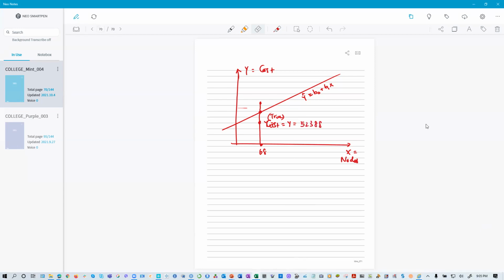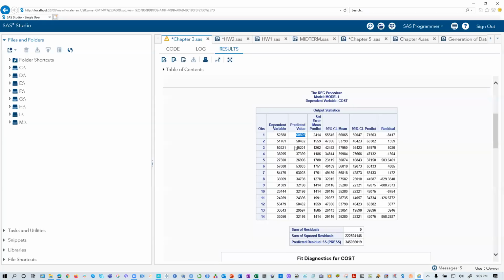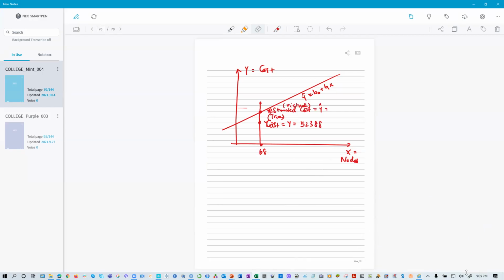I'm going to go to here, y hat, that's called the estimated cost. Estimated cost, that's a virtual cost, which is y hat. Y hat is how much? After running regression, they got 68,805.